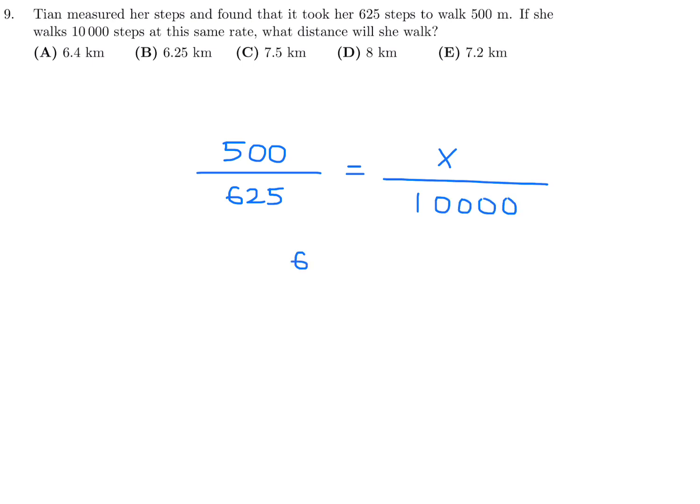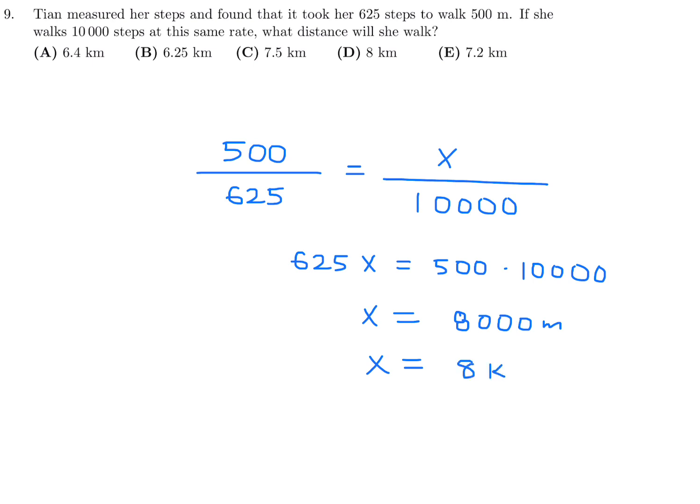Cross multiply, you get 625x is equal to 500 times 10,000, and then when you divide through by 625, you get 8,000, and that is in meters. The answer choices are all in kilometers. Divide by 1,000, and you get 8 kilometers. So number 9, the answer is D.